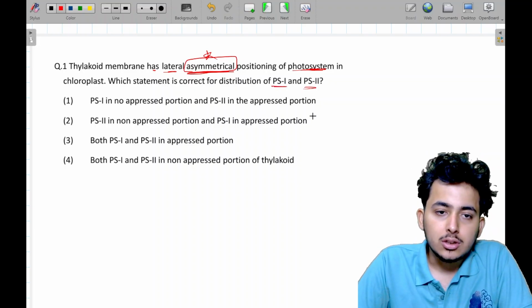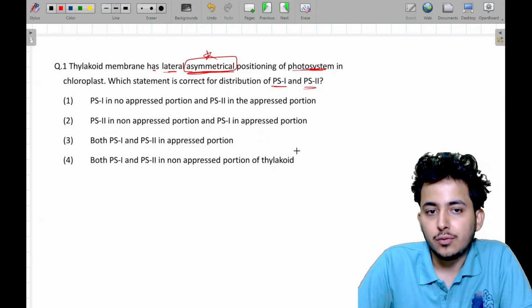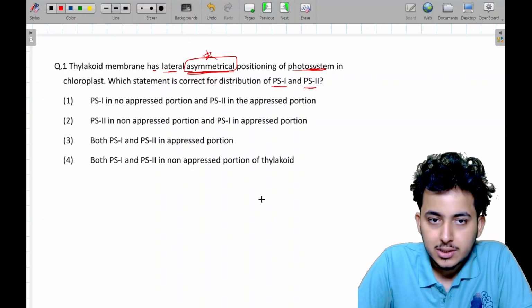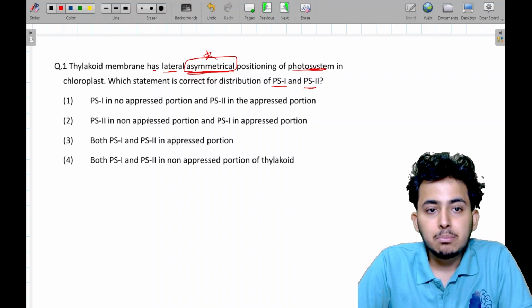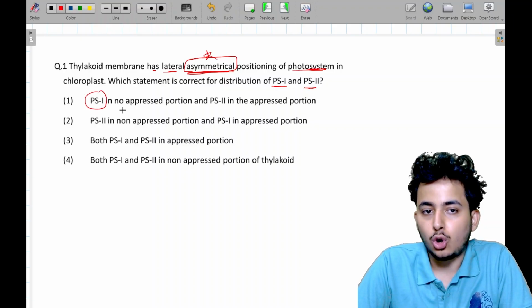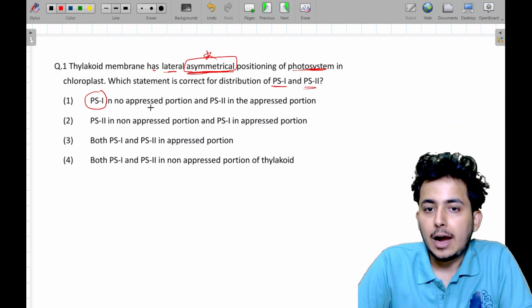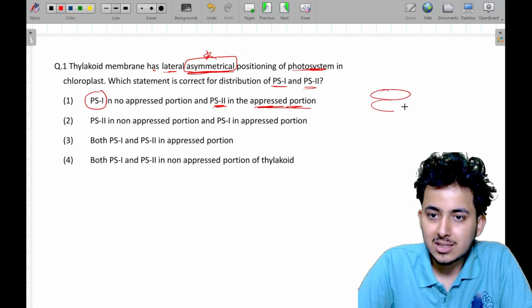Now, in this question, the first thing we notice is that there are two kinds of thylakoids, and in the table I told you that primarily PS1 is present in the non-appressed portion, and PS2 is present in the appressed portion, that is the one that is sandwiched.